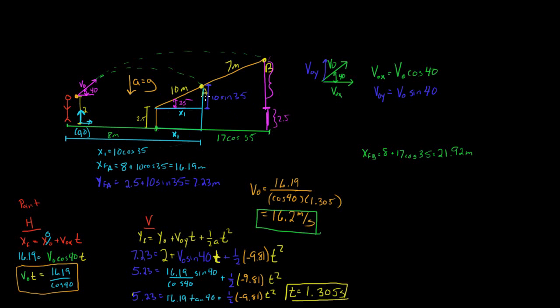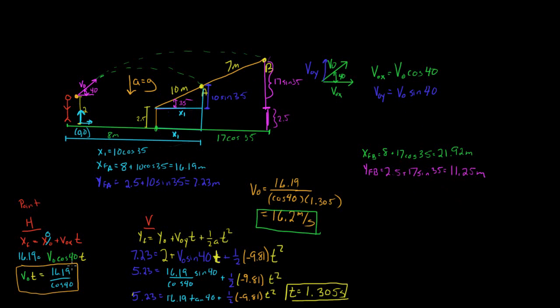Well, this is going to be 17 times the sine of 35, and our y final at B is going to be this 2.5 plus 17 times the sine of 35, and this is equal to 11.25 meters. So what does this mean? This means that at 21 meters to the right and 11.25 meters up is this location of B that we're trying to hit.